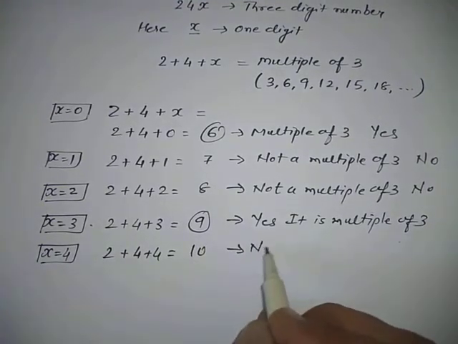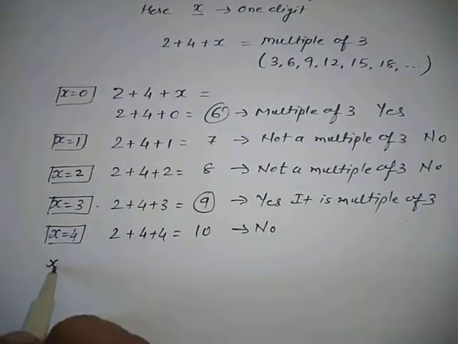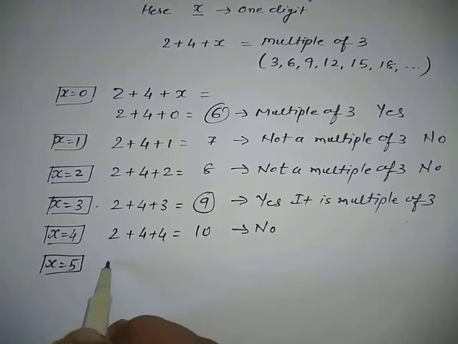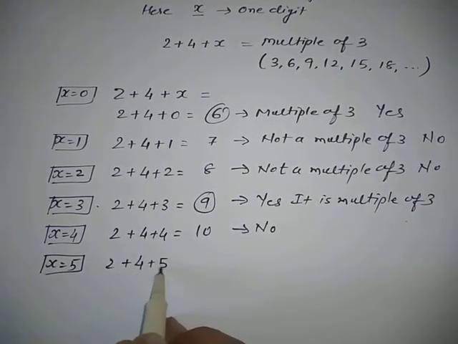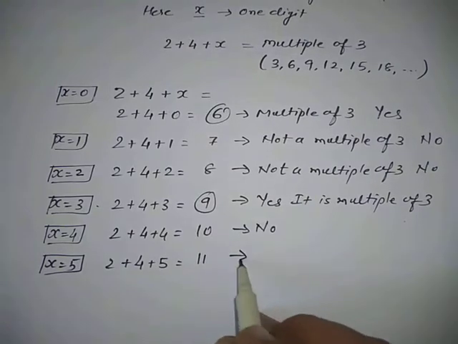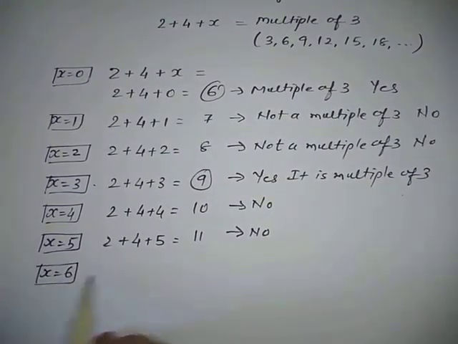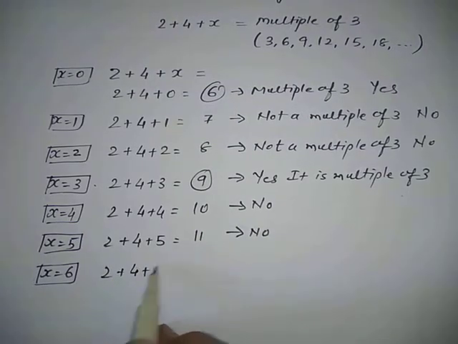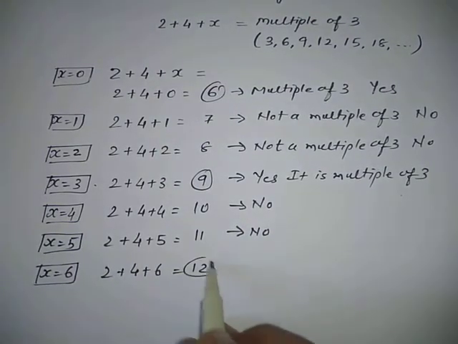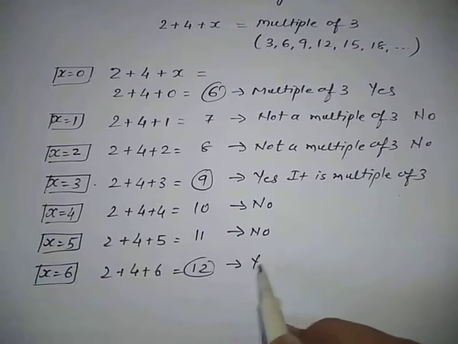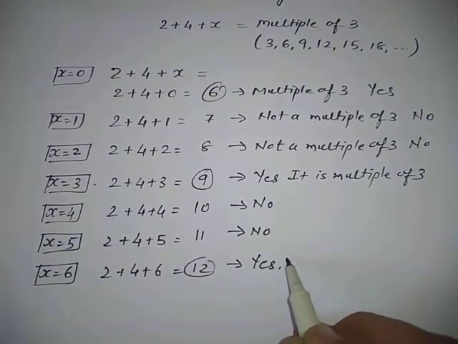So no, not possible. Then x is equal to 5, 2 plus 4 plus 5, and we get 11. So here also not possible. Then x is equal to 6, so 2 plus 4 plus 6, and 6 plus 6 will be 12. Yes, 12 is a multiple.